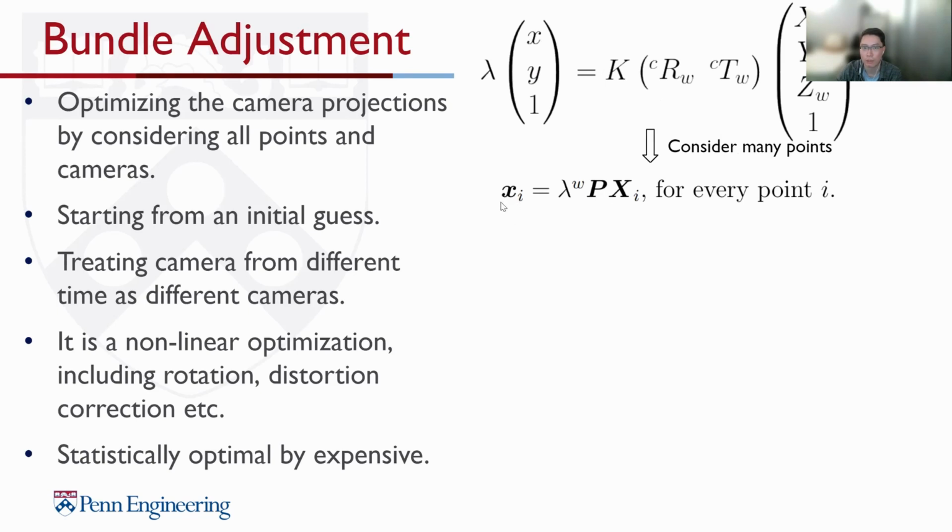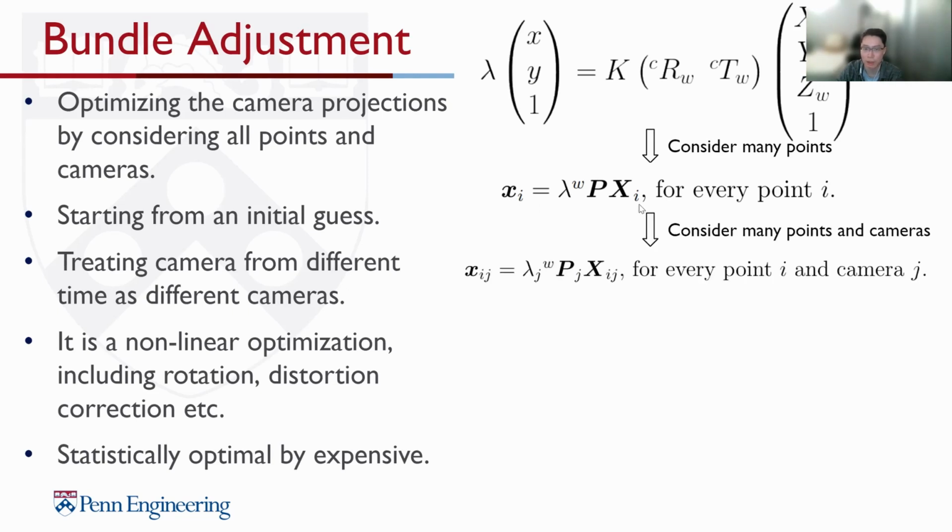This is the pixel coordinates. This big X is the world coordinate system. And this lambda is a scale factor. So for each point i, we can write it like this. This is a relation between each point we find in an image and each point in the world frame.